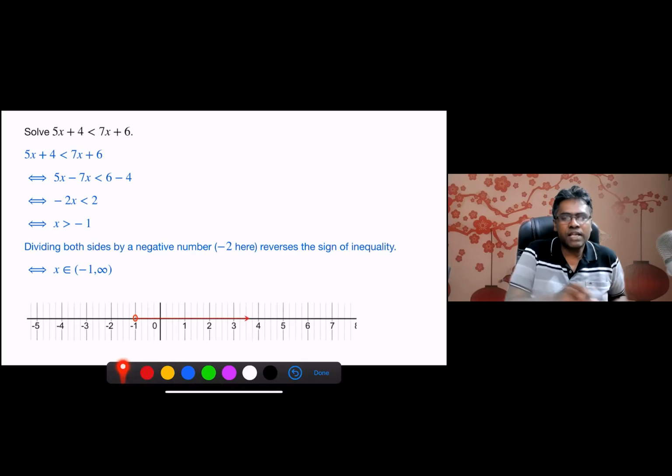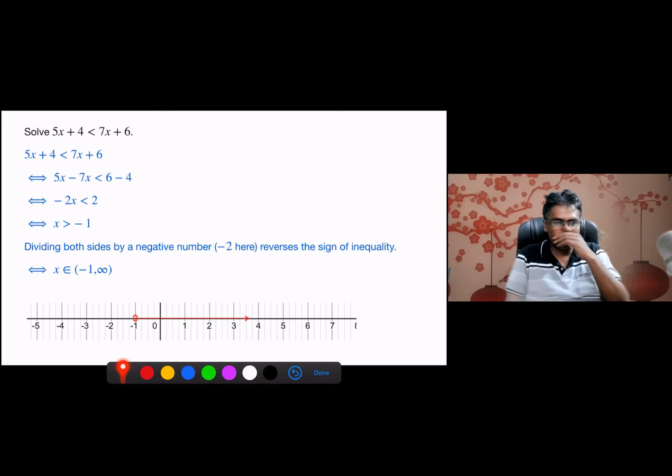Another thing that you're going to learn: have you seen representing solution sets on a real number line? Oh, yes, sir. I have done this in school. The basics I know are, if it's a strict inequality, you draw a hollow circle with the arrow pointing towards the solutions. And if it's a slack inequality, it's a filled dot, a completely colored dot.